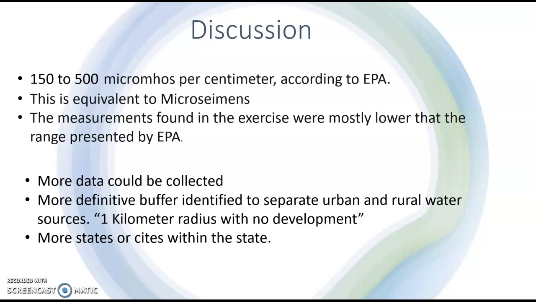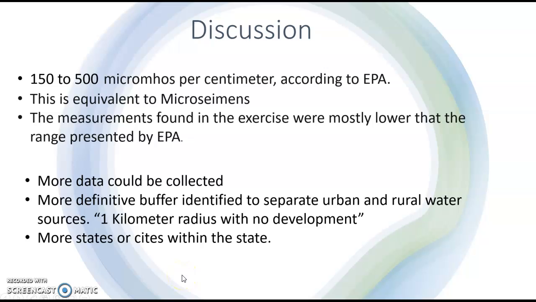What would be interesting and worth looking into is to find out if Columbus just has their management together, that all of their water bodies are fairly clean from specific conductance in their water systems.